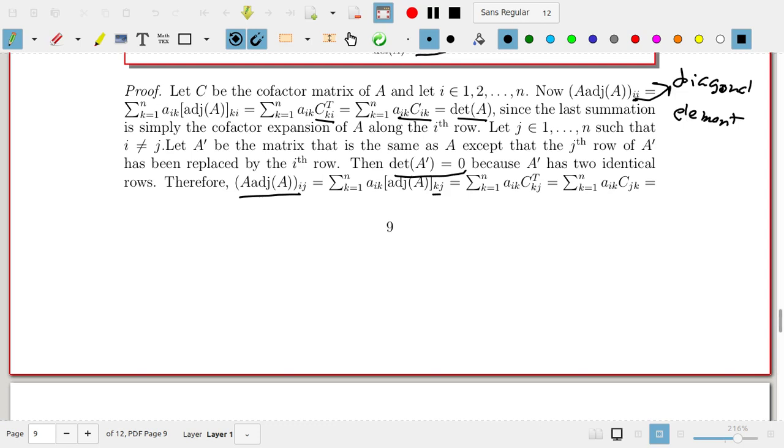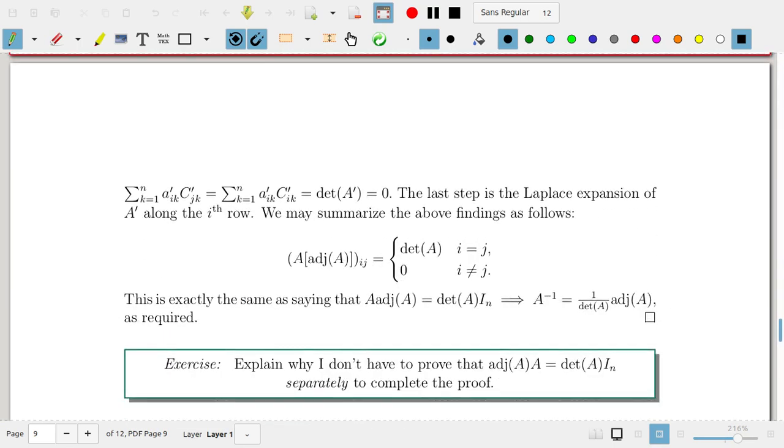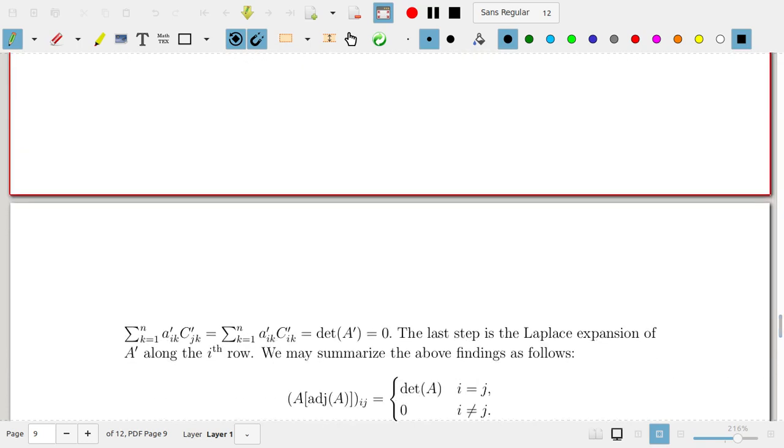It's equal to A_ik C_jk, just switching kj to jk. But A_ik is the same. Remember that the ith row of A and the ith row of A prime are the same. So this is A prime_ik. And C_jk is the same as C prime_jk. But for C prime, remember C prime is the cofactor.